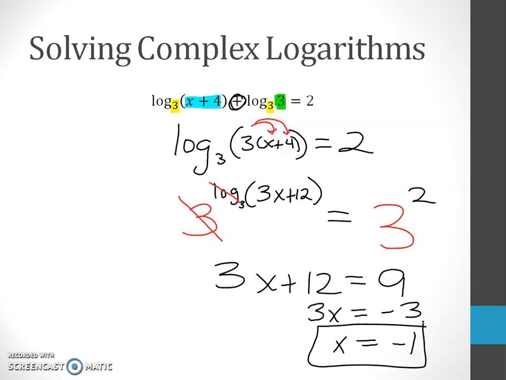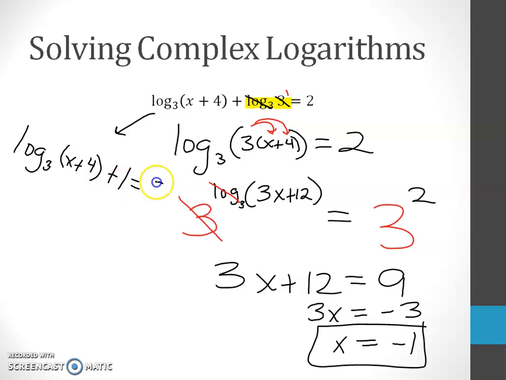Now, after I started doing this problem, I kind of got a better look at it. You actually could have made this a lot easier at the start, and I didn't even mean to do this. Some of you guys might have looked right here at that log base 3 of 3. Remember, that's a 3 to the first power, right? And those two 3's match. We could have just canceled that. Made this a log base 3 of x plus 4 plus 1 equals 2.